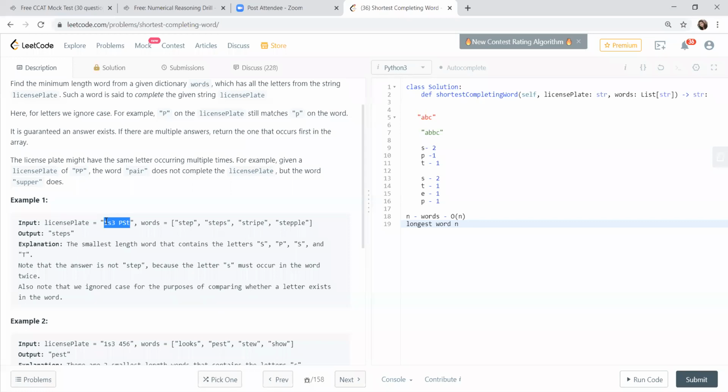Any doubt in this? So the time complexity would finally be n cross m.